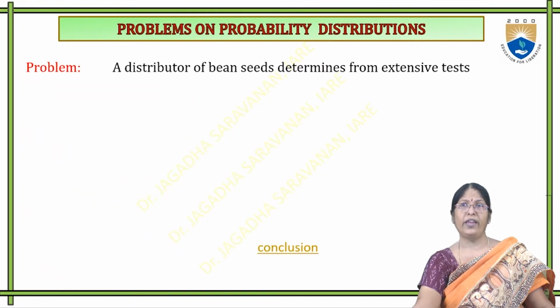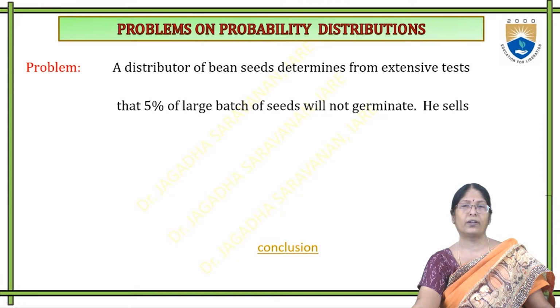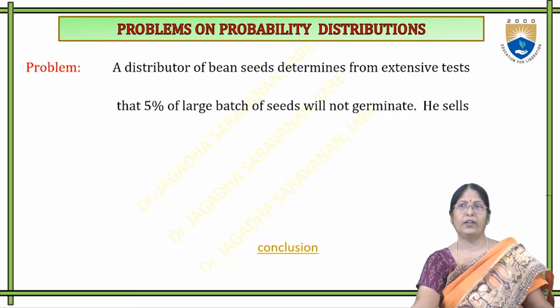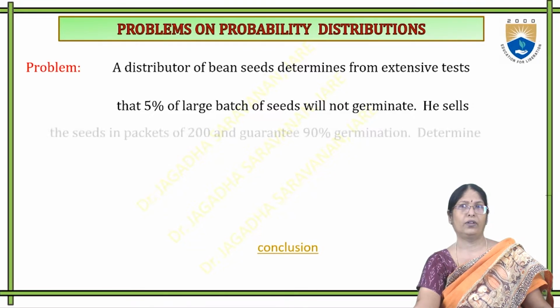The next problem: a distributor of bean seeds determines from extensive tests that 5% of a large batch of seeds will not germinate. So in the seeds, 5% are unfit for germination.